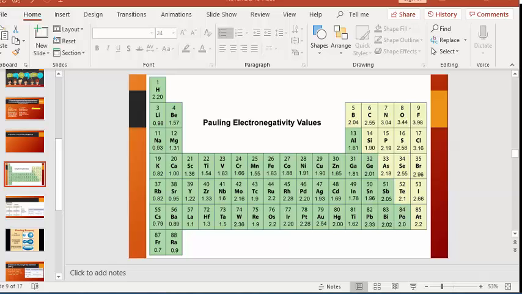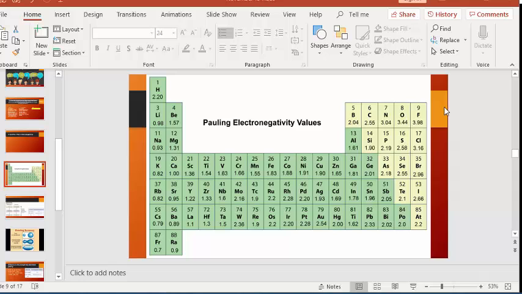When it comes to sharing electrons, the key is the electronegativity of the atom. What I have here are the electronegativity values.